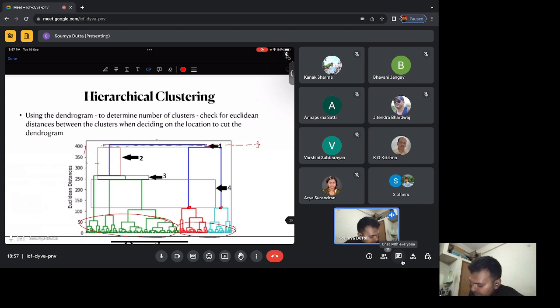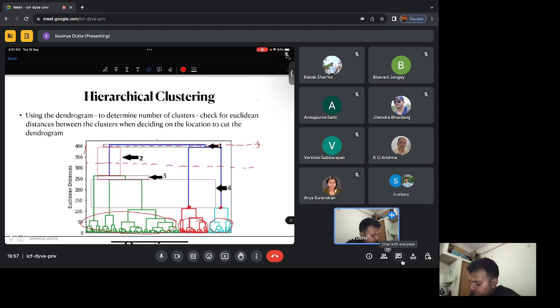However, if I cut here, that means there are three clusters. One of them is this, the other is this, the red ones, and the other is the blue ones.